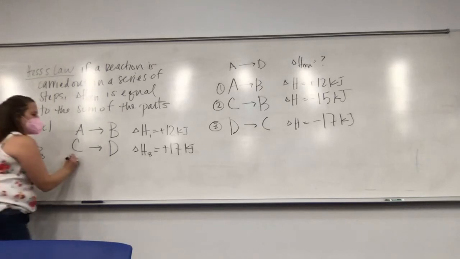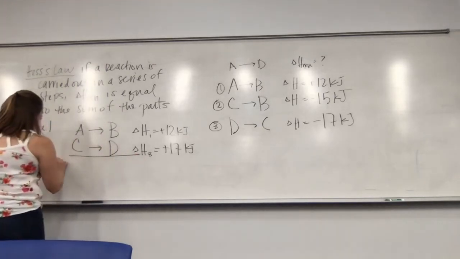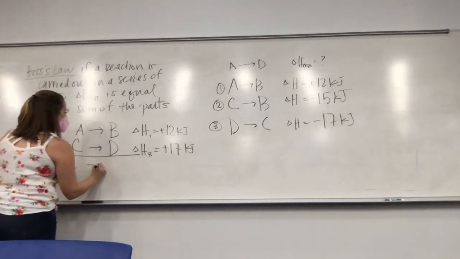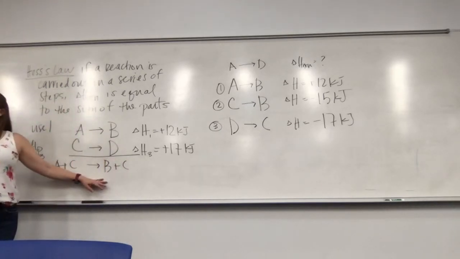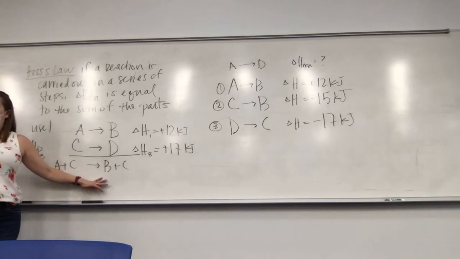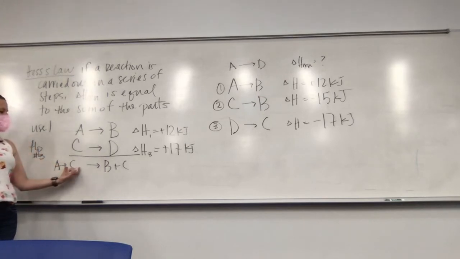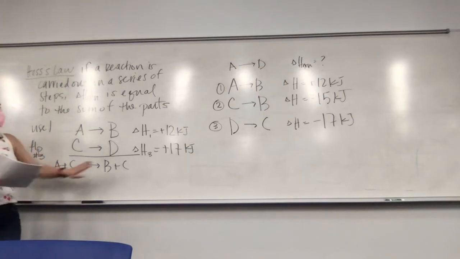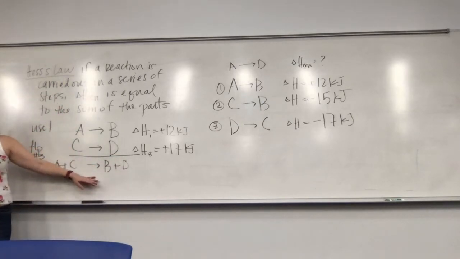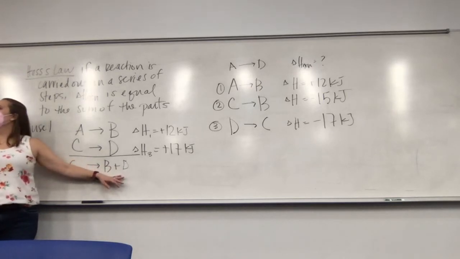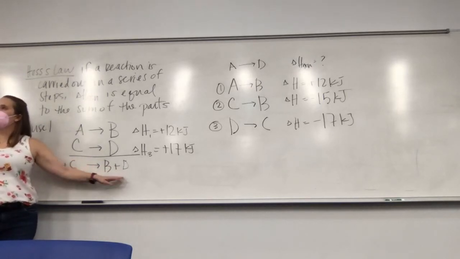So we can sum these up, but that's A plus C goes to B plus D. And it looks somewhat like what we wanted, right? We have A plus C goes to B plus D, but I only want A goes to D.